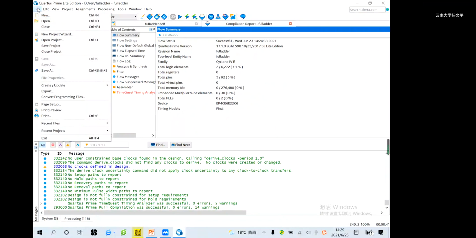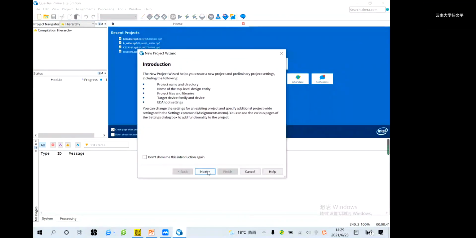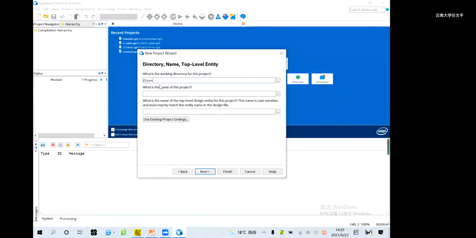When we start to design a circuit, we must create a new project. Do you want to close? Yes. Close all files. I will put all the designing circuits in this folder.